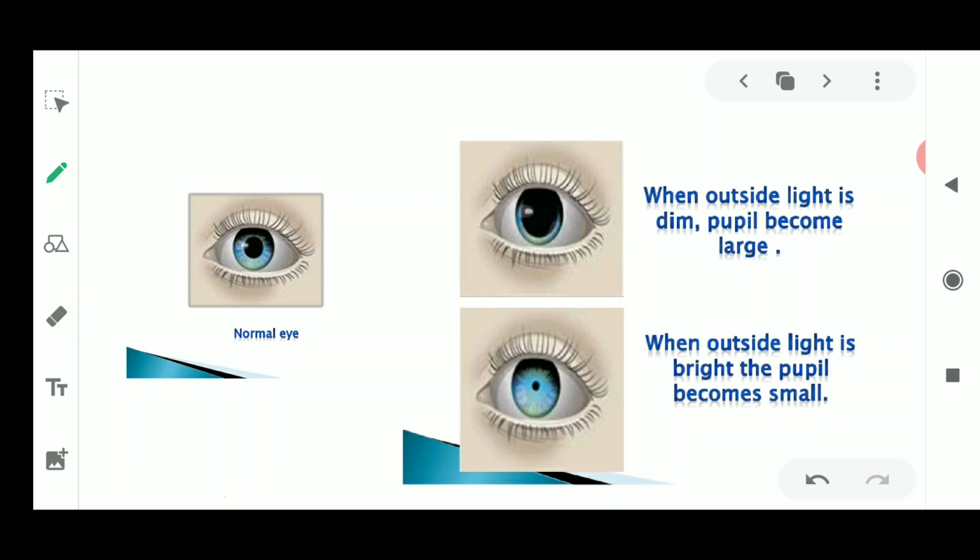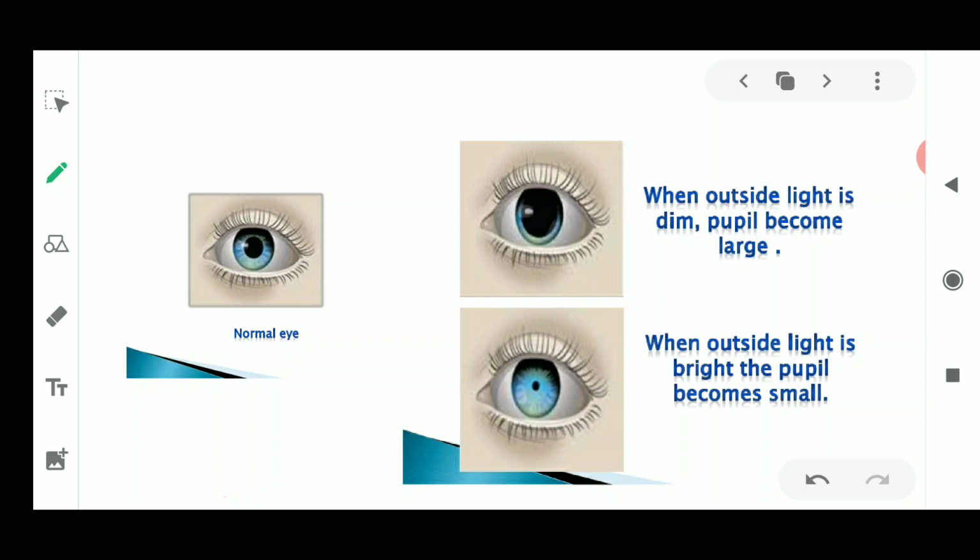That is why this pupil has been accommodated. The pupil has the capacity to increase and decrease the hole, which adjusts the opening and helps the entry of light in a controlled amount, whatever the requirement of your eyes.